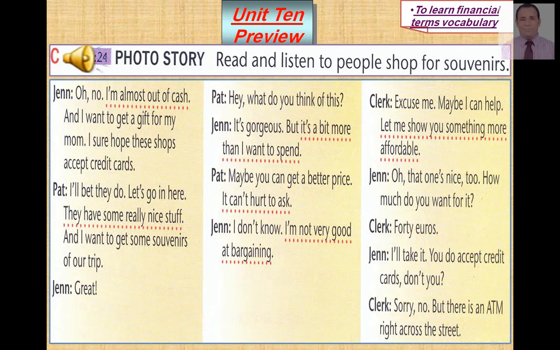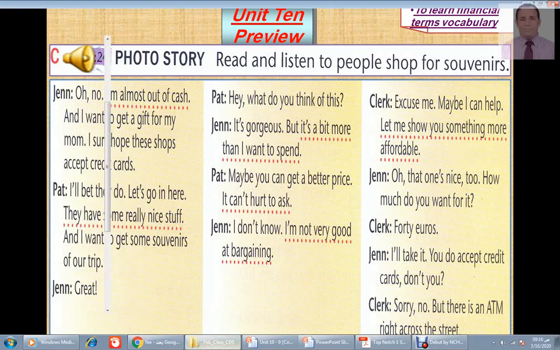Now let's move to the text of the conversation. Read and listen to people shop for souvenirs. Let's listen to this first, and then we can discuss the expressions, idioms, or phrases that we have.